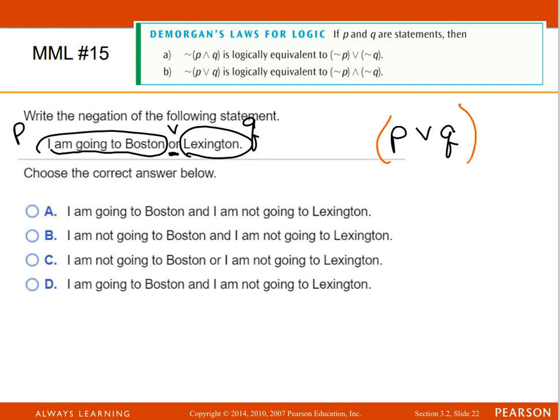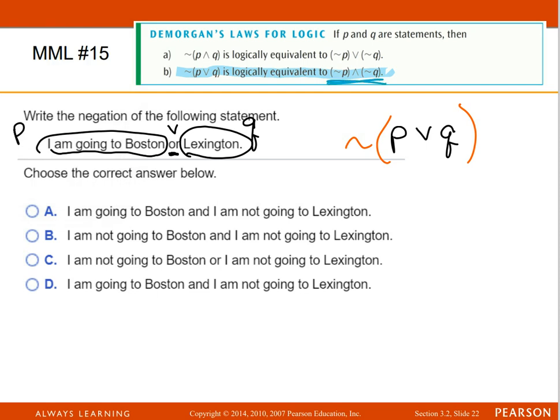negate that. Okay, so for this one, negate P or Q, that's this one here. And so the logic equivalent to that is this right here.